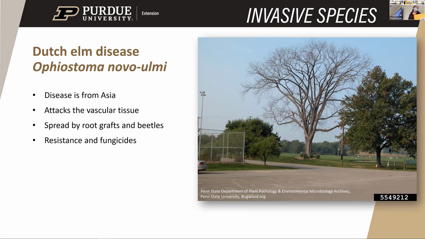Our native elms have no resistance to it, and it quickly spreads, and that's why we have an issue. They are working on getting not resistance, but trees that can withstand some of it. It's kind of like the chestnut: chestnuts got wiped out, so you had to work on getting a new strain in here. They're still working on it, and some fungicide treatments do help as well.